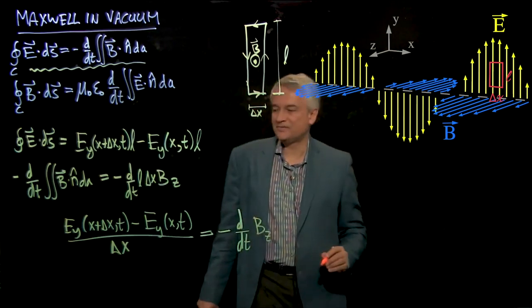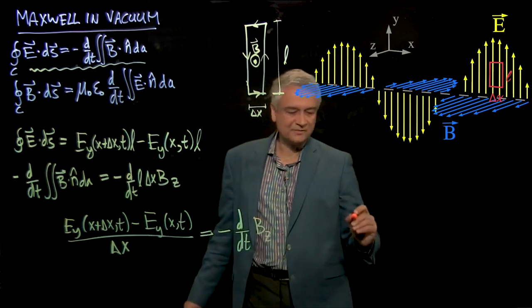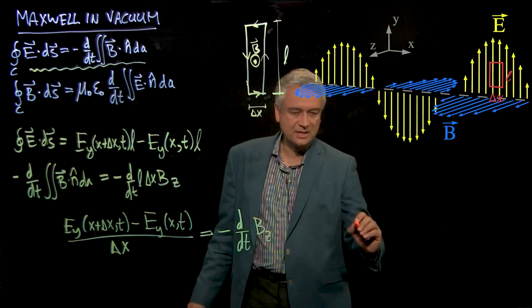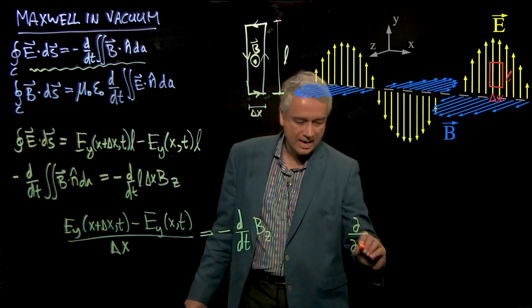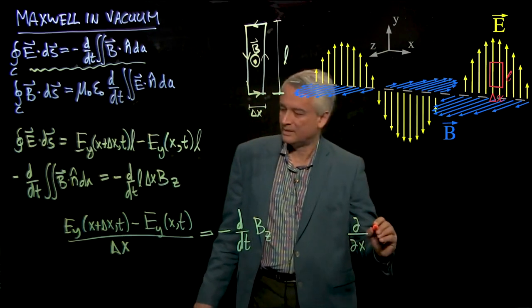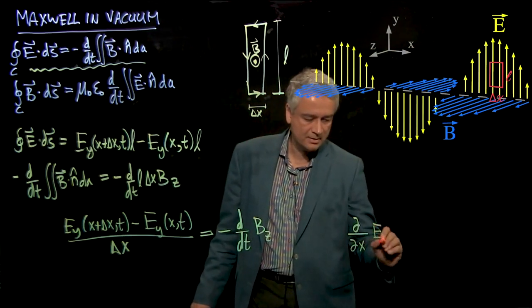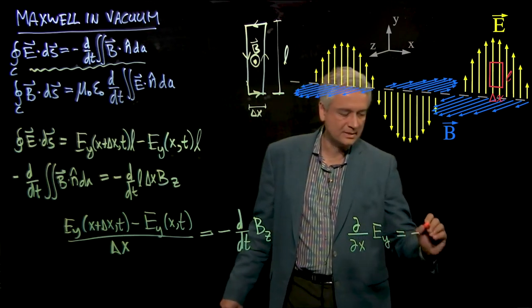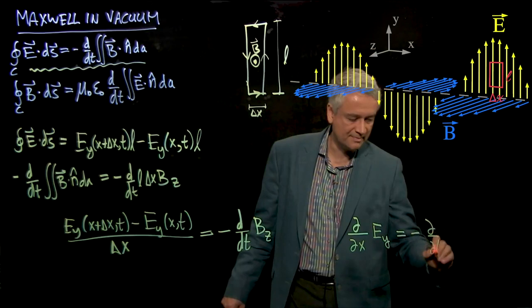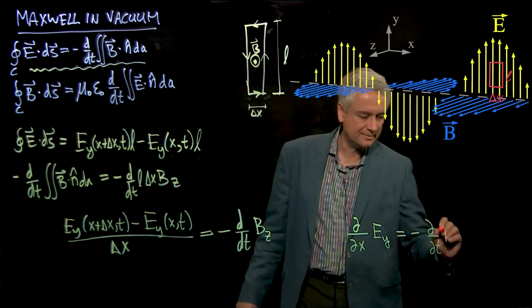And so I've derived the partial differential equation that the partial with respect to x of EY has to be equal to minus the partial with respect to time of Bz.